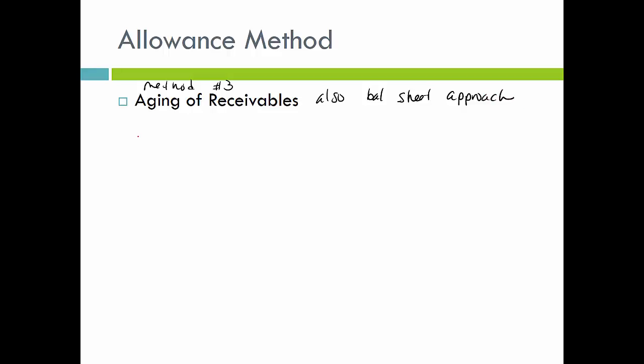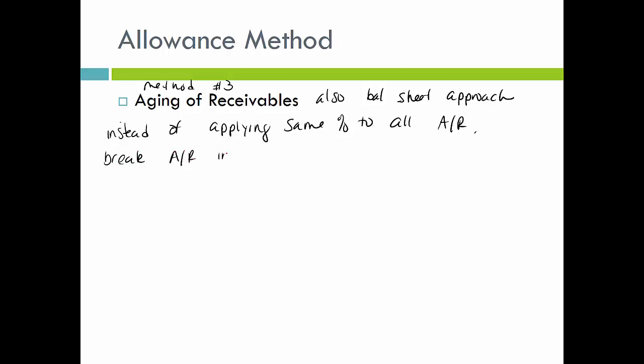What I'm going to do, instead of applying the same percent to all of my accounts receivable, is break my accounts receivable into what we'll call age groups, based on how long that accounts receivable has been sitting there, and then I have a different percent for each group.